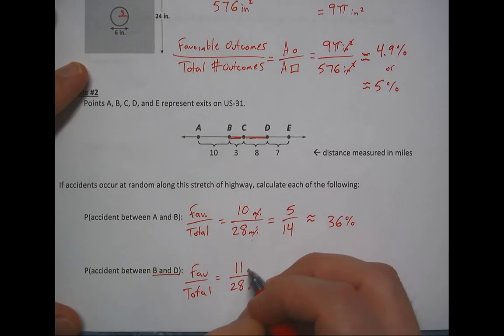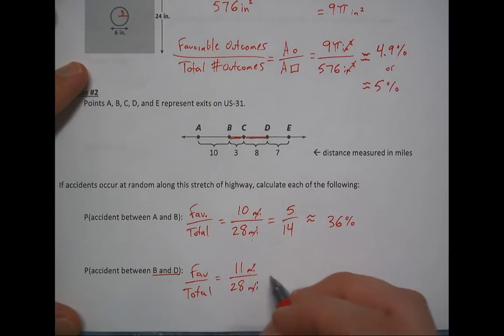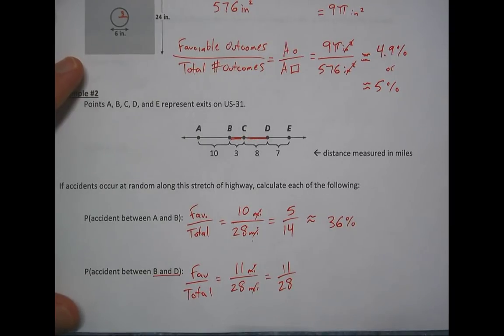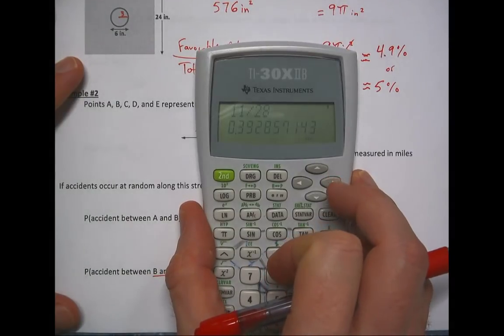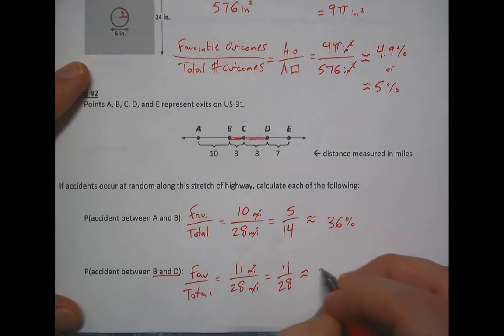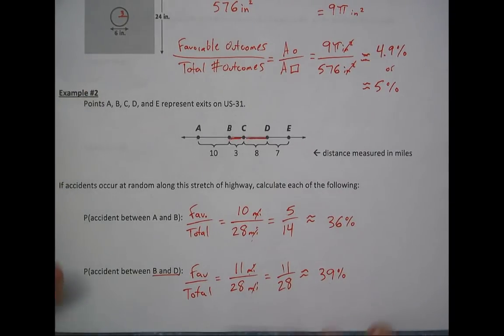So we have 11 miles. Miles are going to cancel here. Okay, so you have 11 out of 28 chance. And if we want to turn that to a percentage, come over here, it looks about 39%. So approximately 39% chance that the accident is between B and D. So either one of these would be just fine.